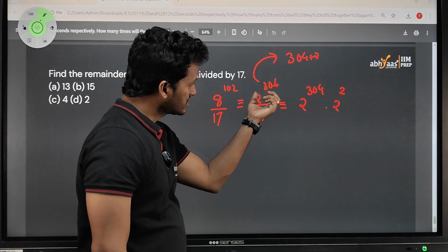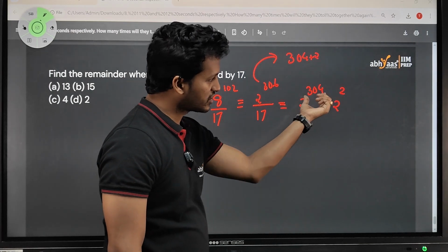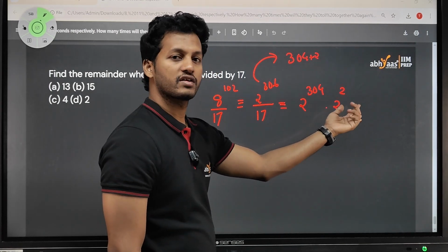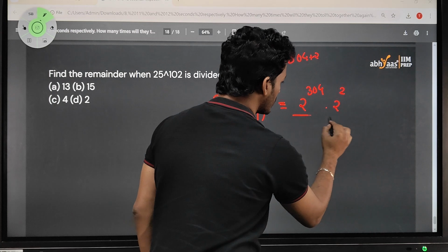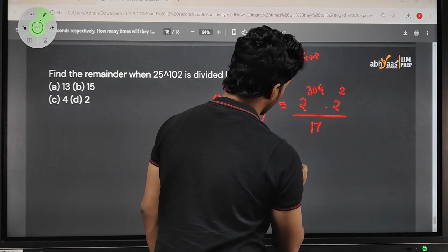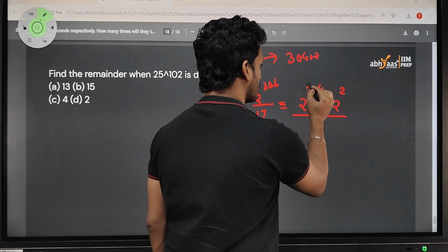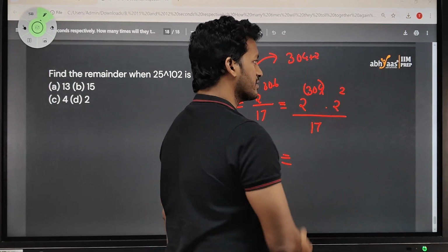Now this 306 is written as 304 into 2 square. Yes, it's possible, and this whole thing has to be divided by 17 again, and this 304 can be equated to a multiple of 4.